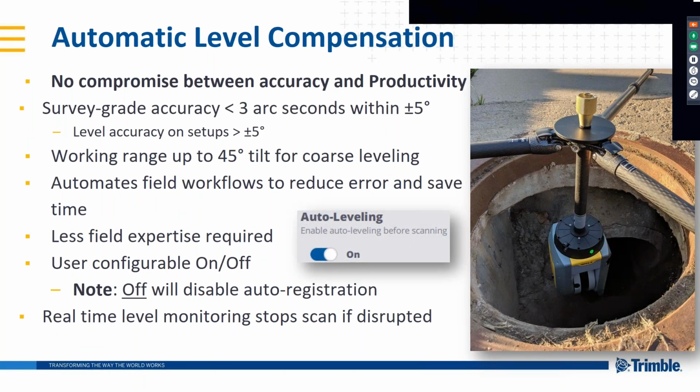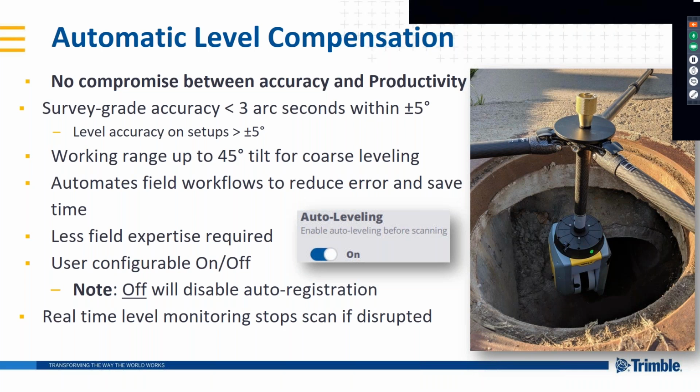Then another one of these quite unique features is, of course, the level compensation. As long as the scanner is within ±5 degrees, whether that is upside down or the correct way up, we will compensate it to better than 3 arc seconds. Now, we can actually compensate it all the way up to 45 degrees, but we don't say that that will be within 3 arc seconds.